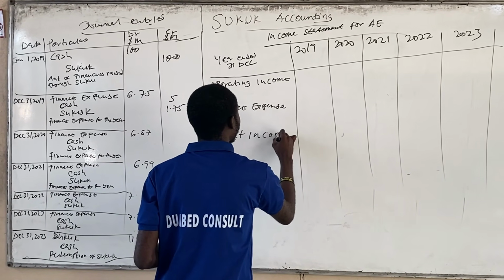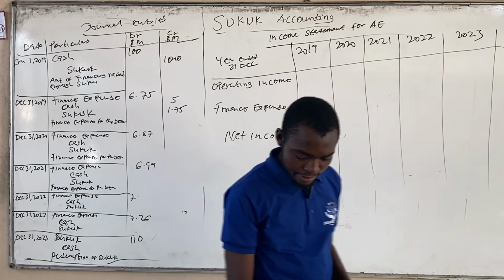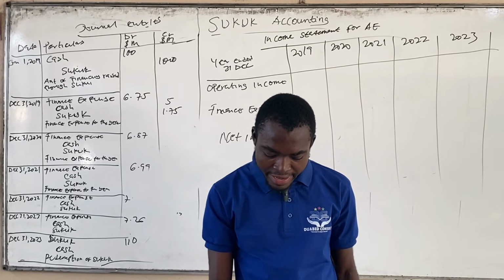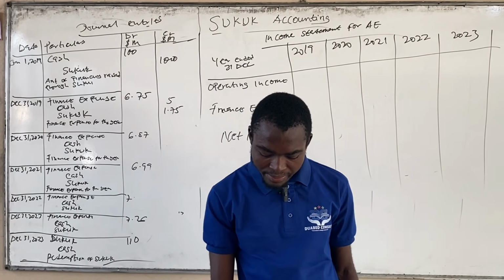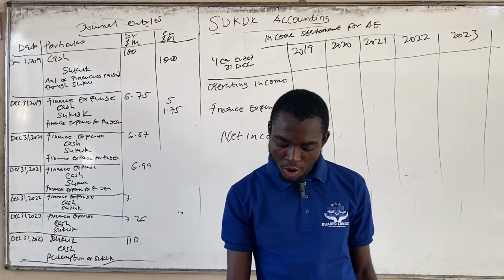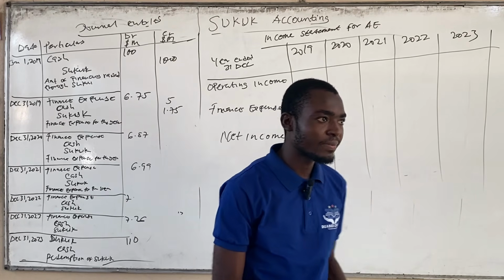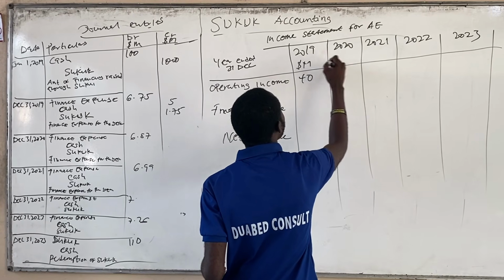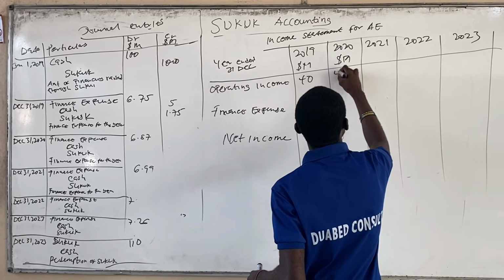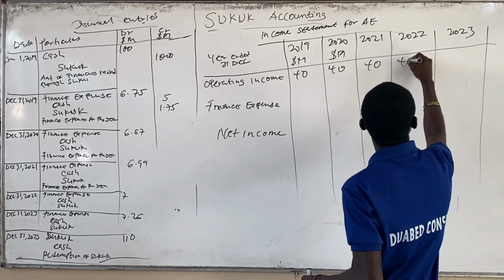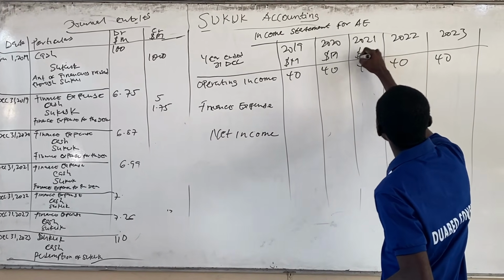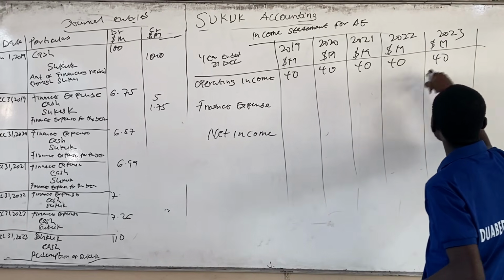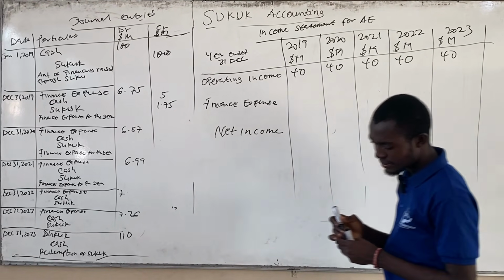And then from the question, it has been stated that AE makes a profit of 40 million each year, assuming all transactions are on cash basis. So it means every year they are making the same profit of 40 million. So the 40 million will be written for all the respective 5 years.